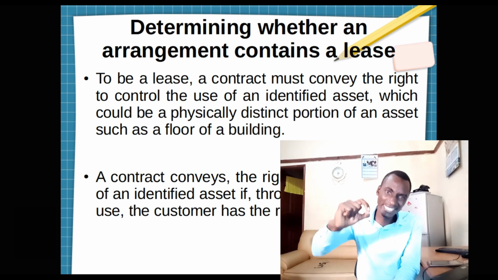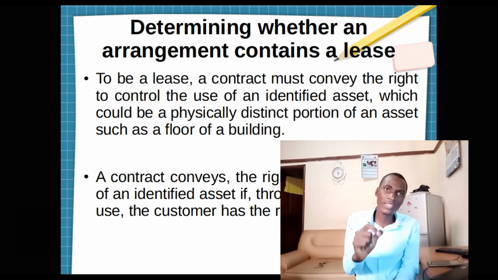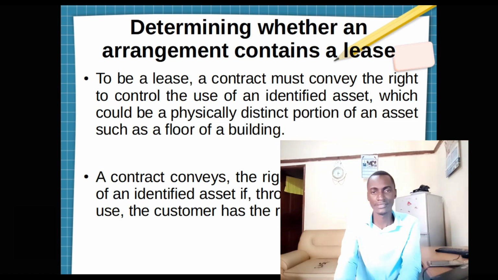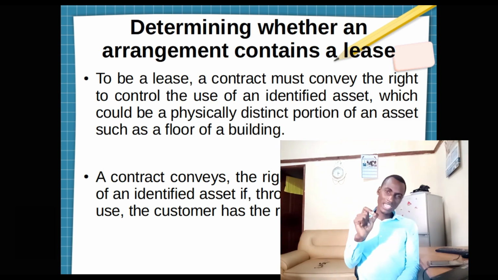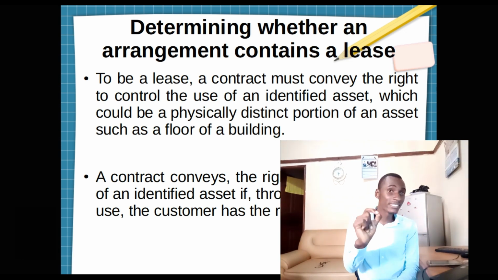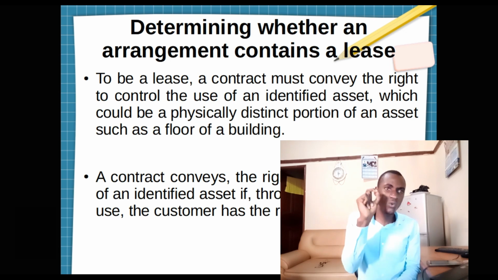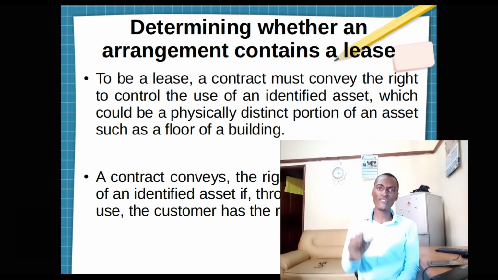How would we determine that a leasing arrangement contains a lease? According to IFRS 16, to be a lease, a contract must convey the right to control the use of an identified asset.